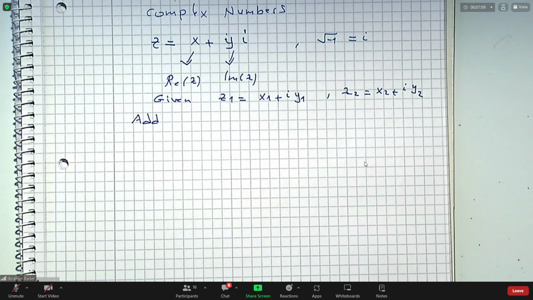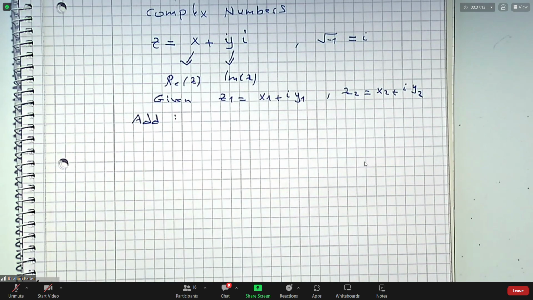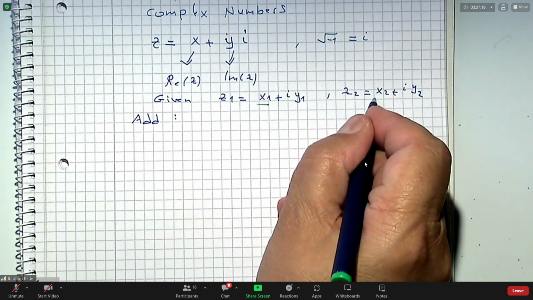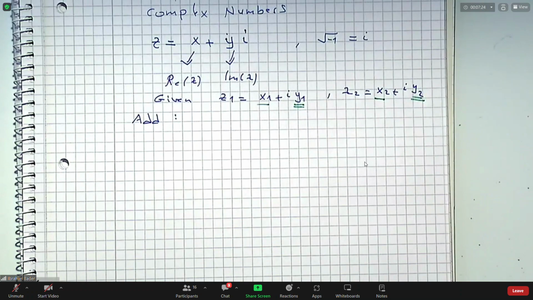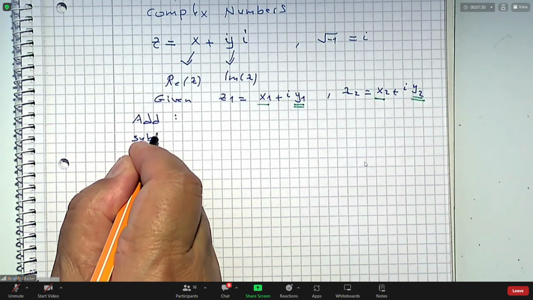So given two complex numbers, we add them up by adding components. So in this case, we add x component to x component and y component to y component. So this is how we add complex numbers, and the same also for subtract.